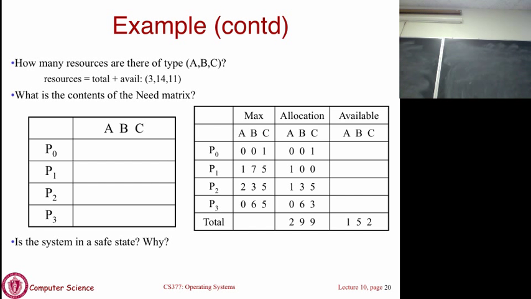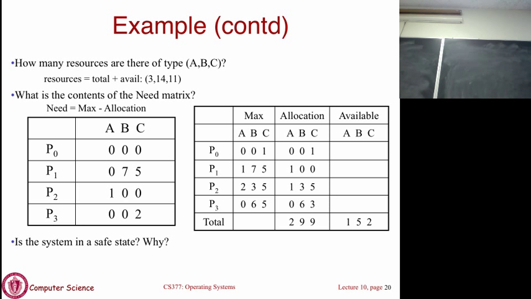Whereas, say P1 might need up to 1 copy of A, 7 of B, 5 of C. It currently only has 1 copy of A, so it might request 7 copies of B, 5 copies of C in the future. So this need matrix is just the maximum allocation minus the current allocations. As we are executing and allocating resources, the allocation and the need matrix are changing. But they're all ultimately based on what the upfront stated maximum allocations were.